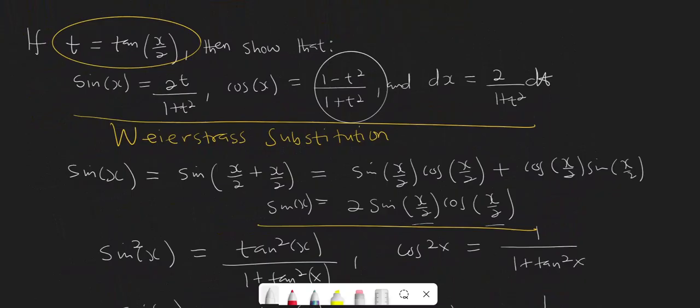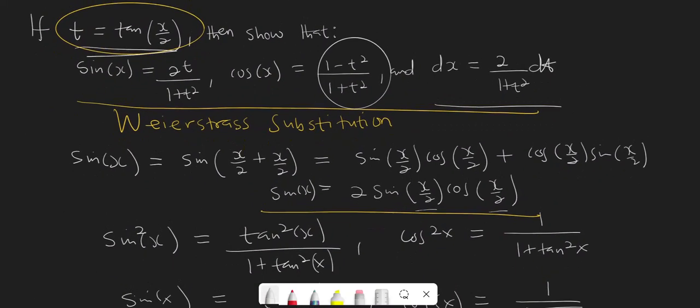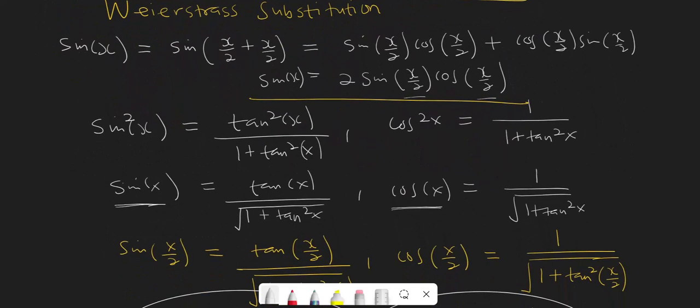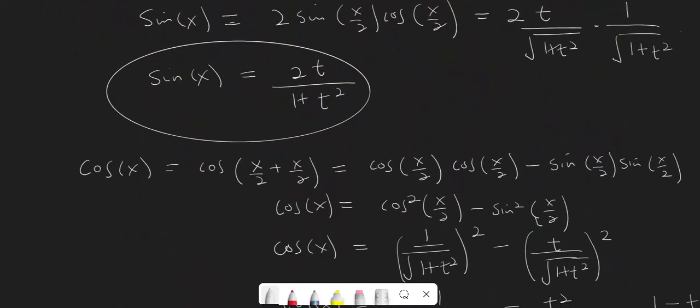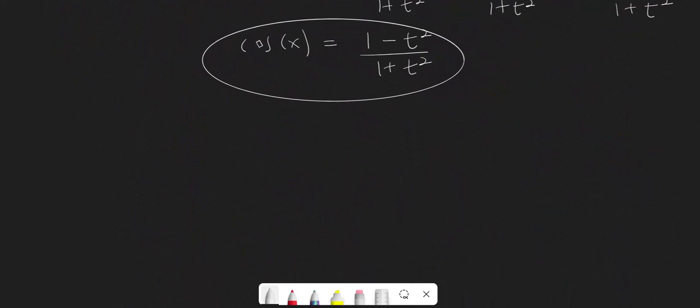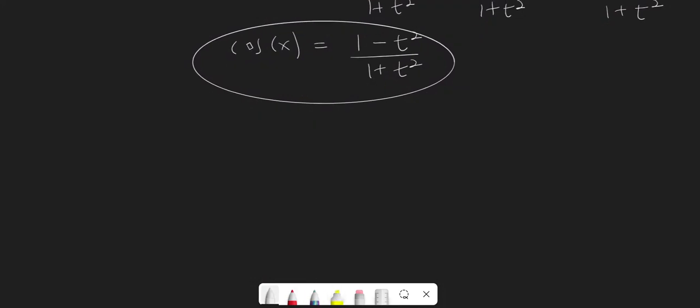Last one is very easy. How do you find the x? You know that t is equal to tan of x over 2. So you can find the x from there. Given t equal to tan of x over 2, we can find an expression of x in terms of t.